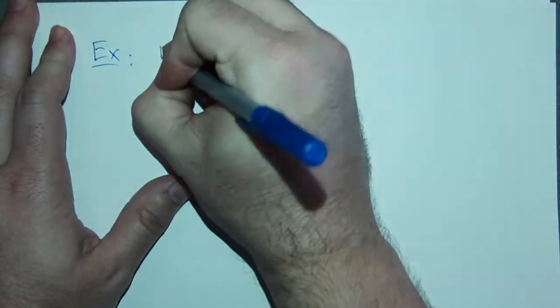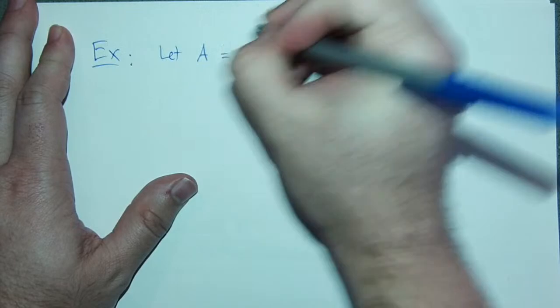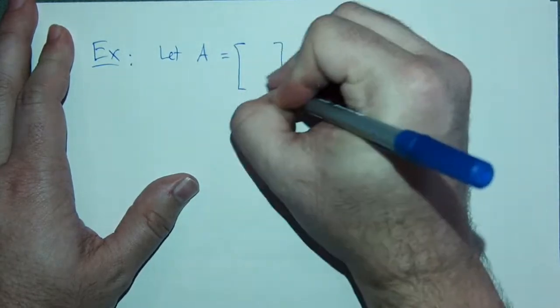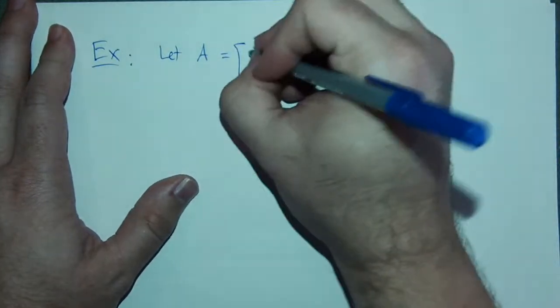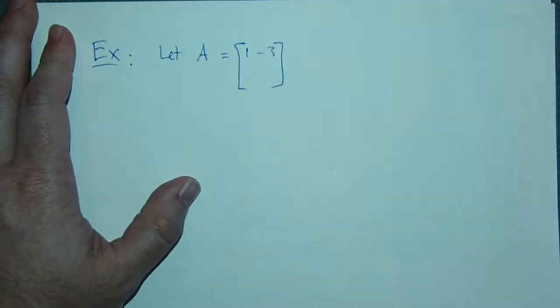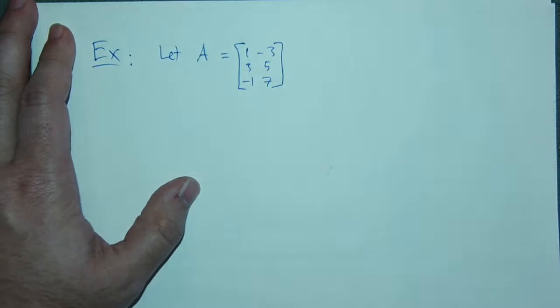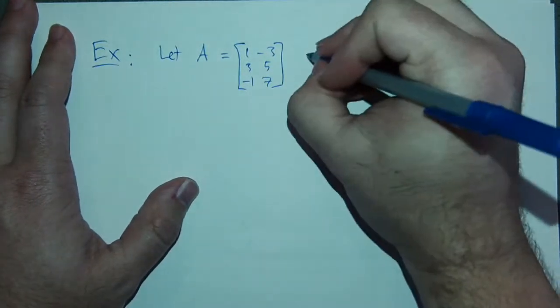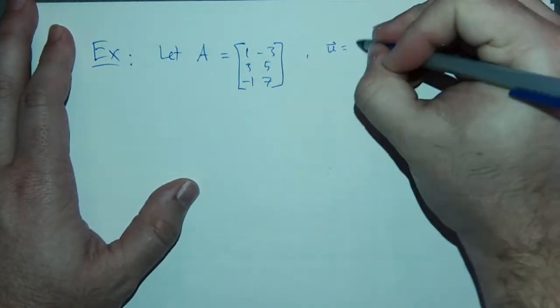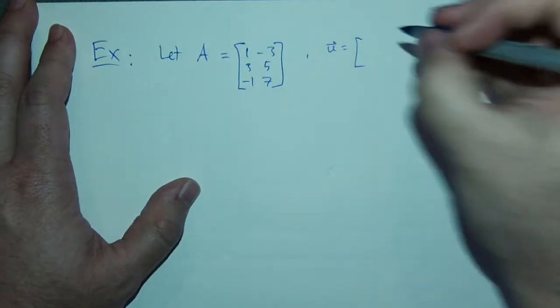So here's an example of a matrix transformation. Let A be the following matrix. I'm going to read row-wise here: 1, minus 3, 3, 5, and minus 1, 7. Okay, so that's A. Let u be the vector 2, minus 1.